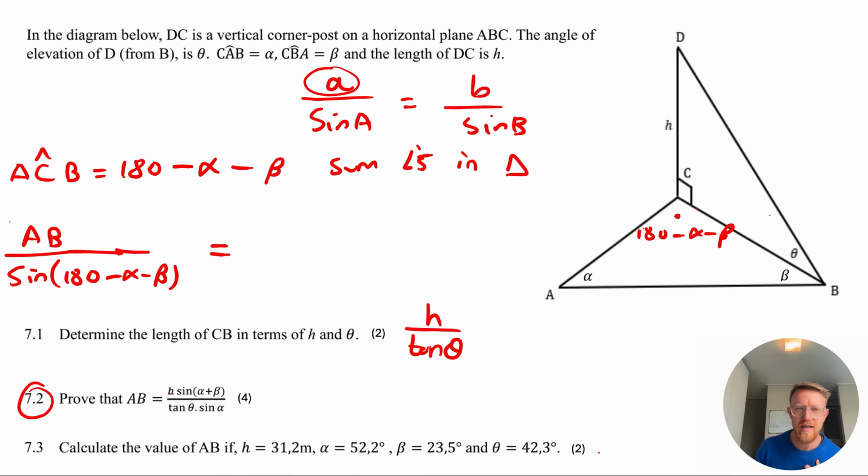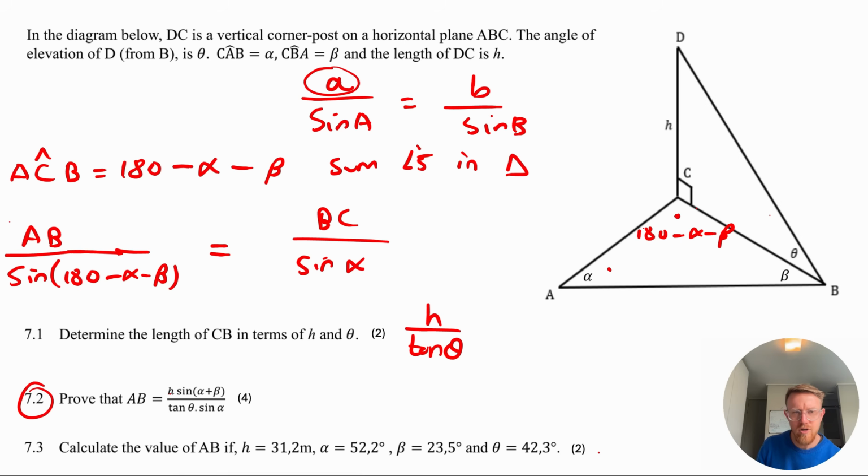This equals the other side that we have, which is BC, over the sin of its angle. The angle opposite BC is alpha. And there we have it. I know that BC is equal to that, but I'm not going to fill that in right now because I don't want to rewrite everything the whole time.